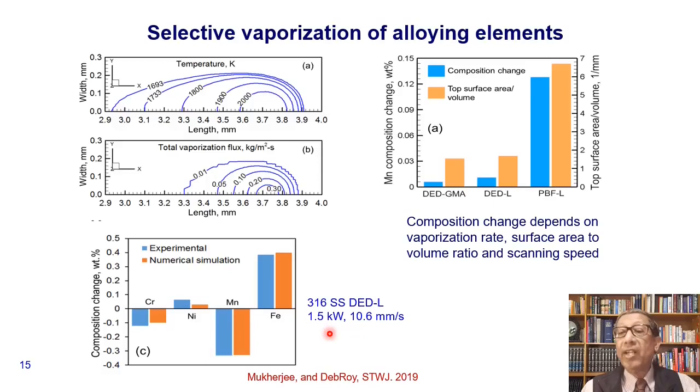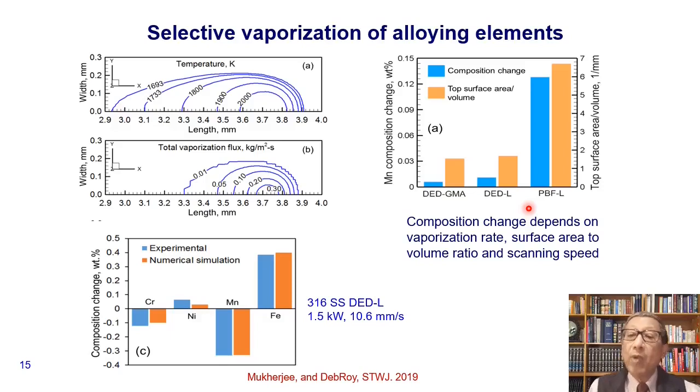An important contributor in this is the surface to volume ratio. If the surface to volume ratio is very small, then of course the composition change will be also very small, because the elements lost by vaporization is coming from a larger volume of liquid metal. If, on the other hand, the surface area is large and the volume is low, then of course composition change would be pronounced.